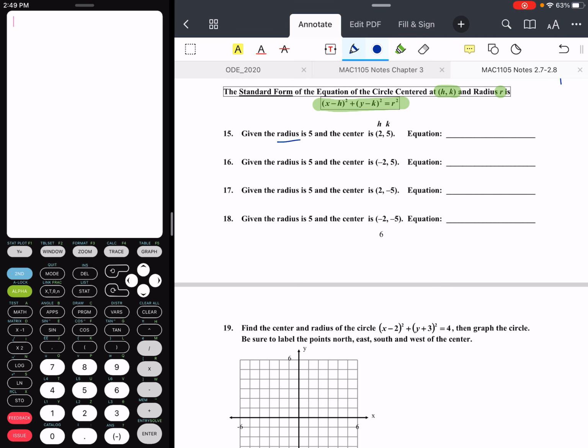In all of these, we have a radius of 5, and just the sign of the center changes. So I'm going to write the skeleton here. All of these are going to be equal to 25, which is 5 squared.